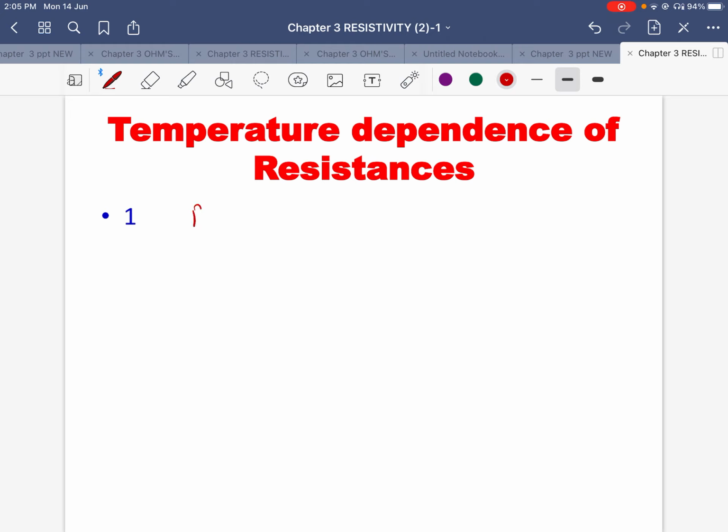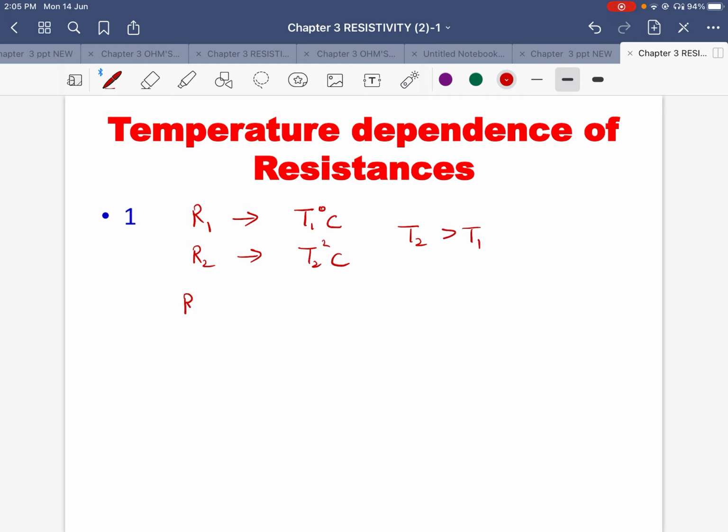Suppose R1 is the resistance of a material at a temperature T1 degree centigrade, and R2 is the resistance of the same material at a temperature T2 degree centigrade. Now T2 is greater than T1, that is, we are increasing the temperature.